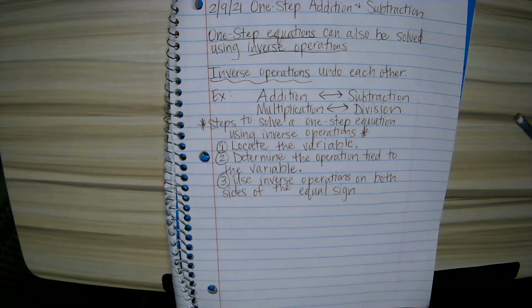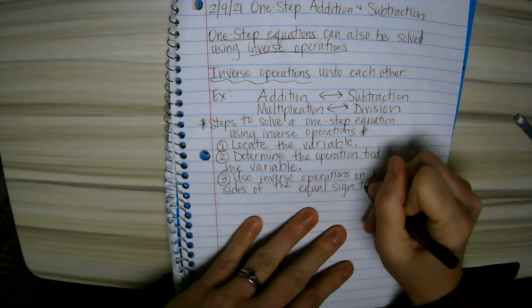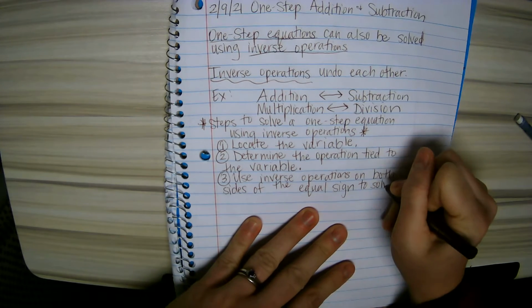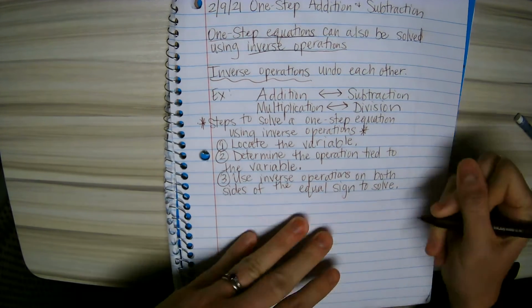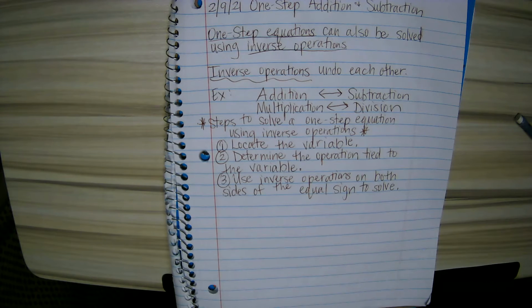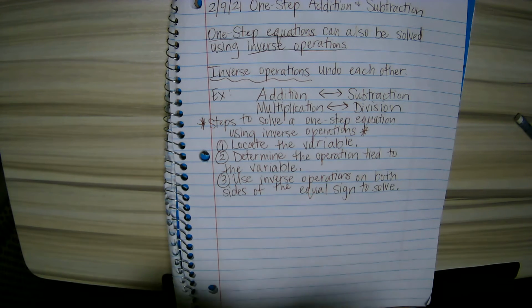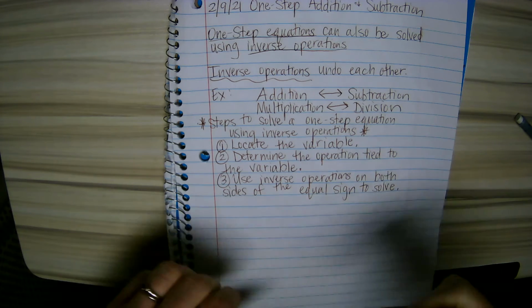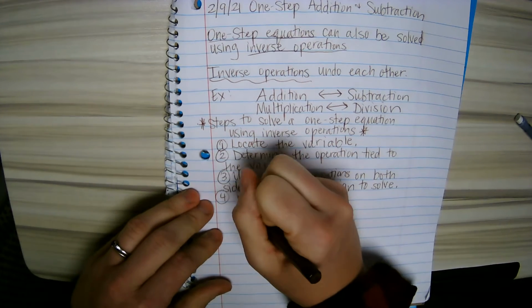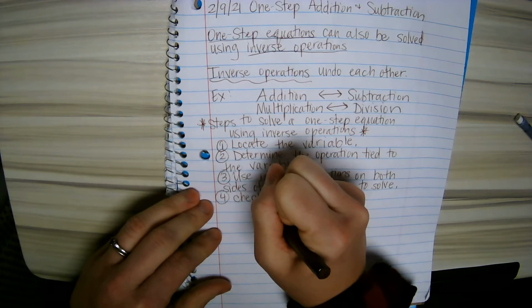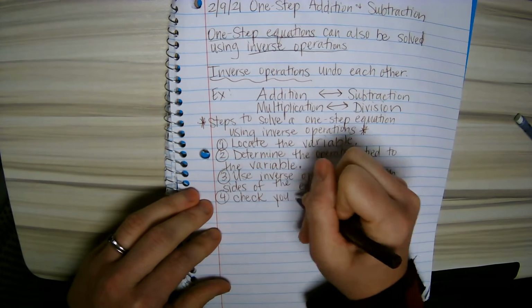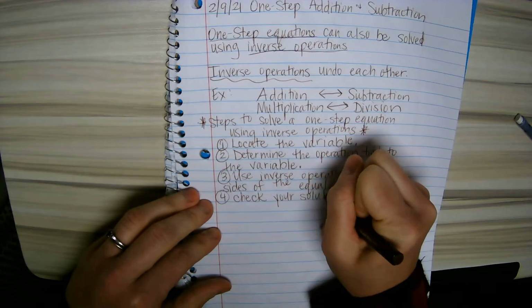Use inverse operations on both sides of the equal sign to solve. Whatever you do to one side, you have to do to the other side. You can't totally just change things up without keeping it equal. And then finally, just like yesterday when we were checking solutions, you should check your solution.